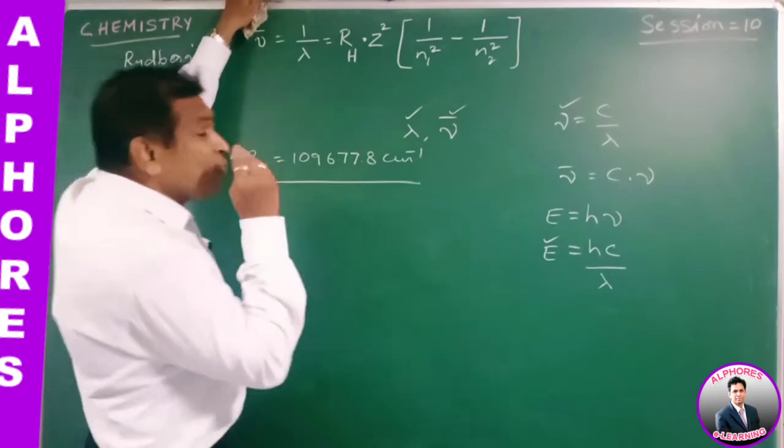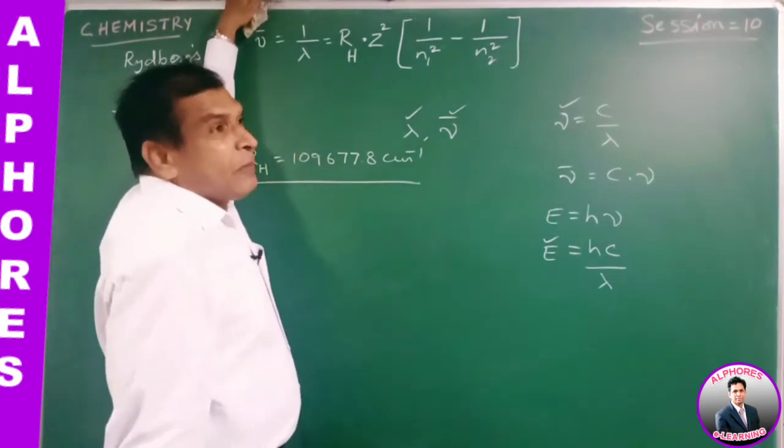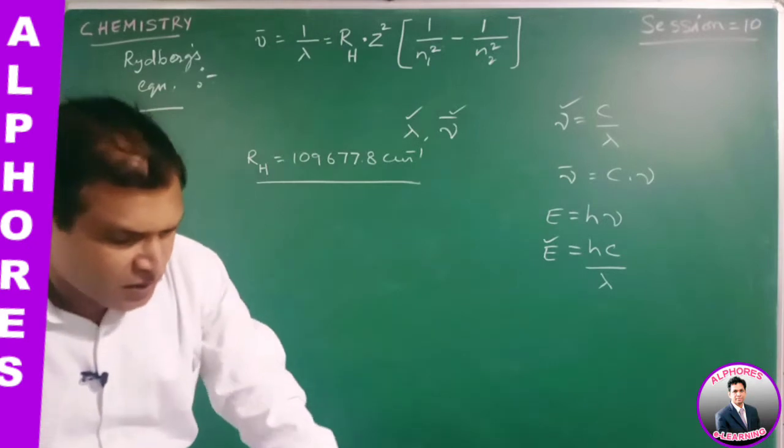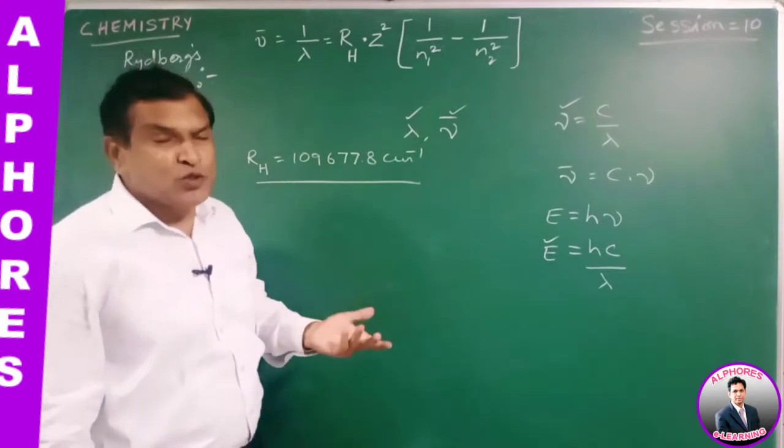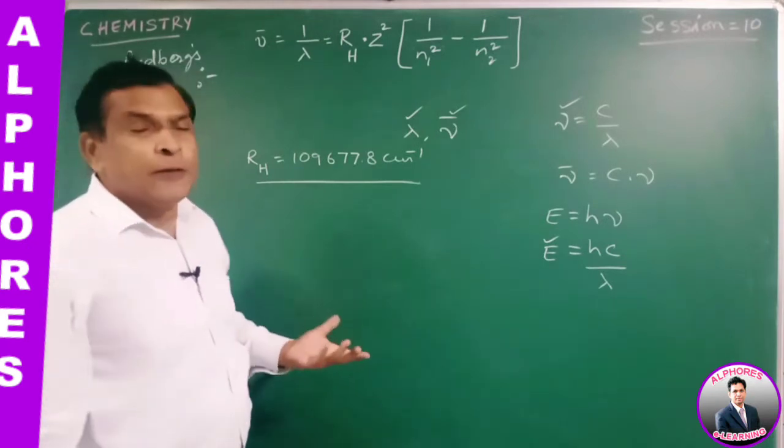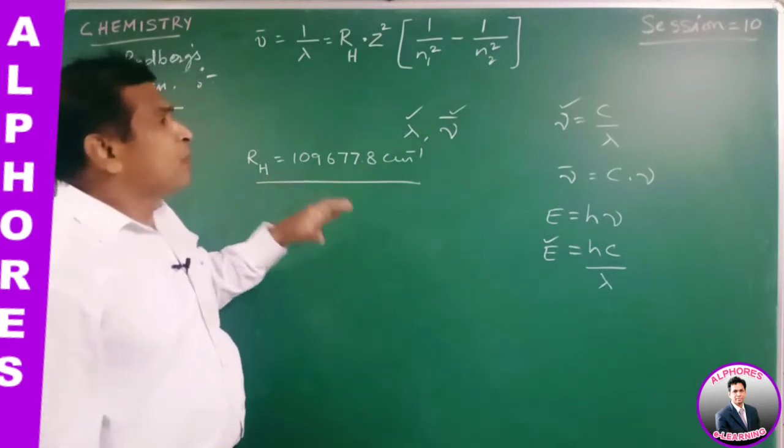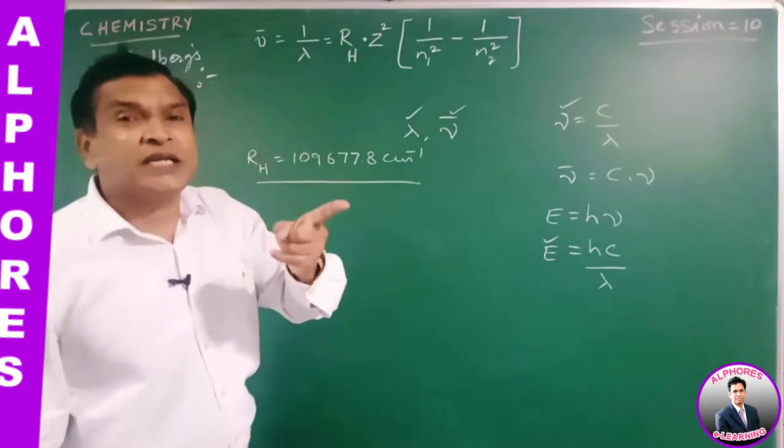Because hydrogen spectra is explained by Bohr's theory, we can explain it for one-electron containing species.